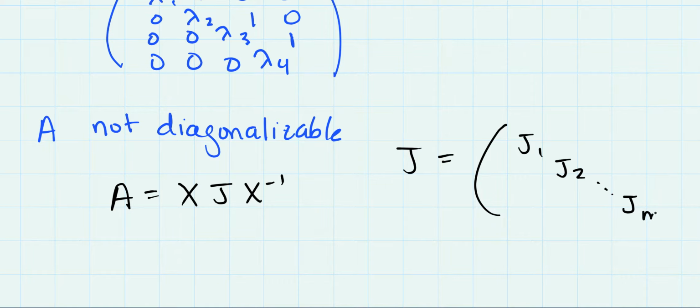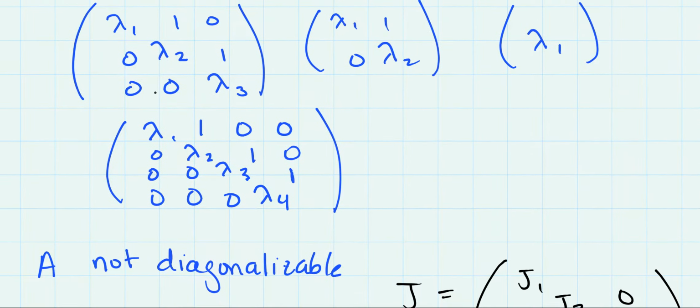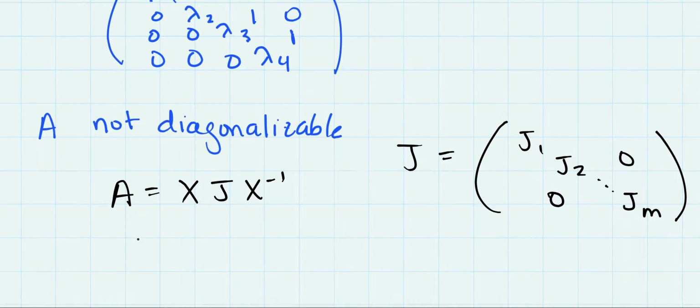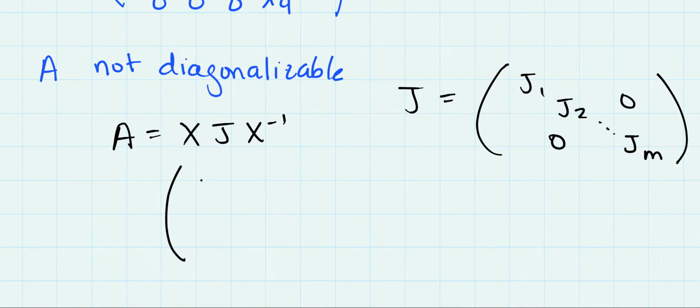It might have several Jordan blocks, but these Jordan blocks could be of different sizes. It depends on what size this matrix A is, but it could look something like this.